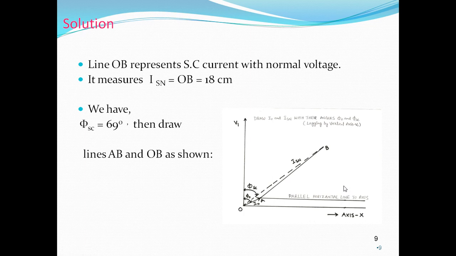After drawing this parallel line, we have to bisect the line AB, as I told in the last class, to get the center of the circle.